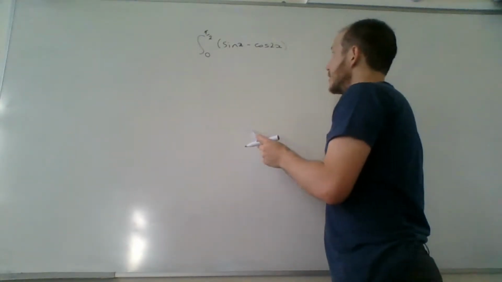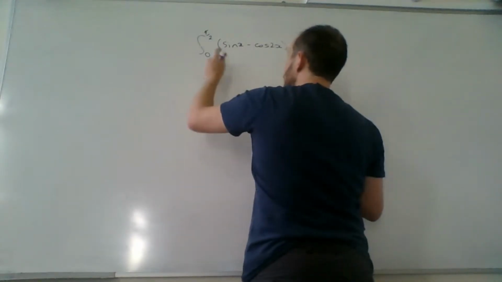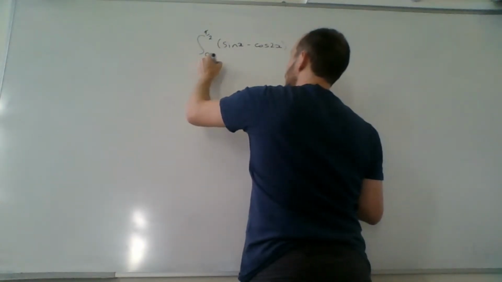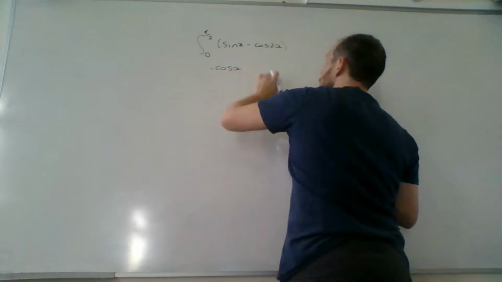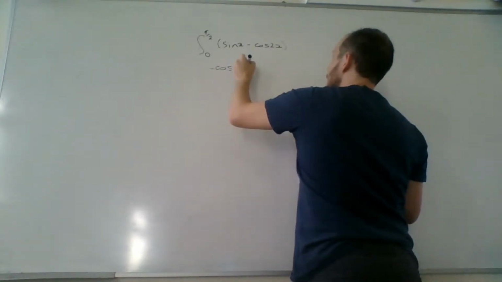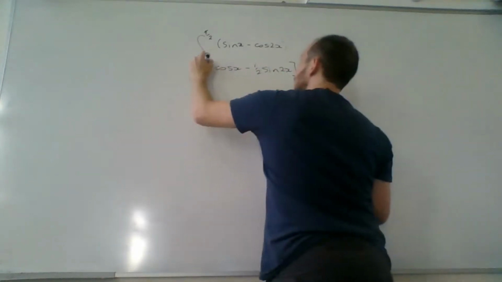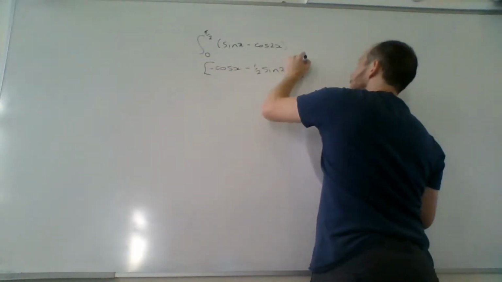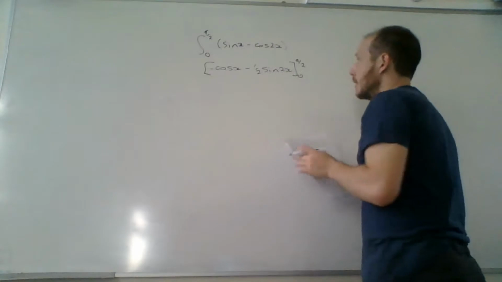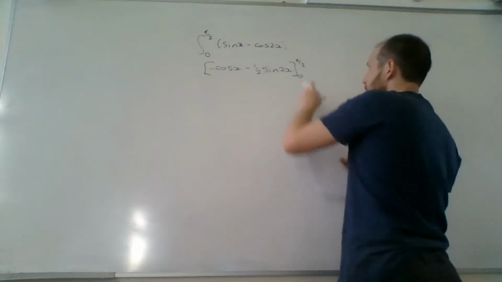Alright, so with this one, we can just integrate this normally. So the integral of sine x is minus cosine x, and the integral of minus cosine 2x is minus 1/2 sine 2x. Okay, and this is from 0 up to pi on 2. Then it's just a matter of substituting in the values.